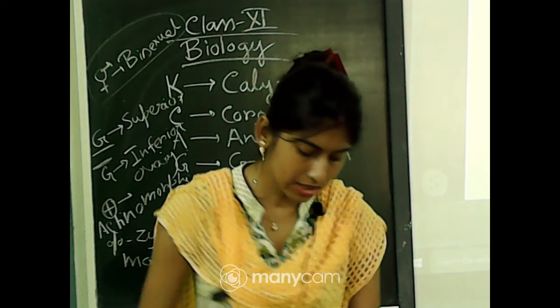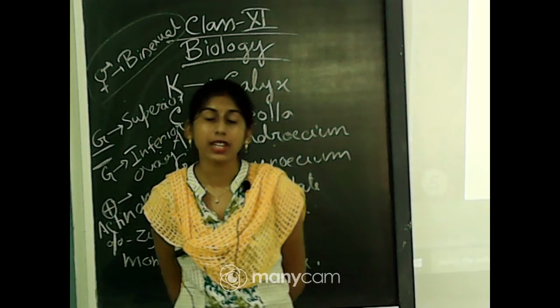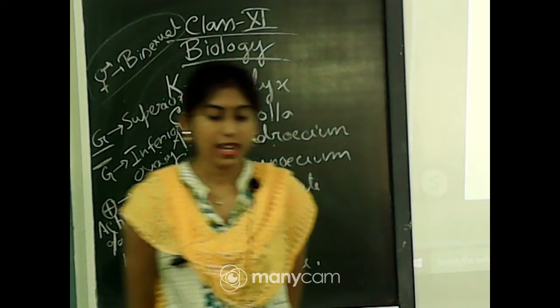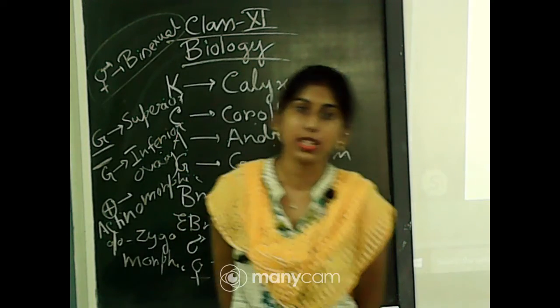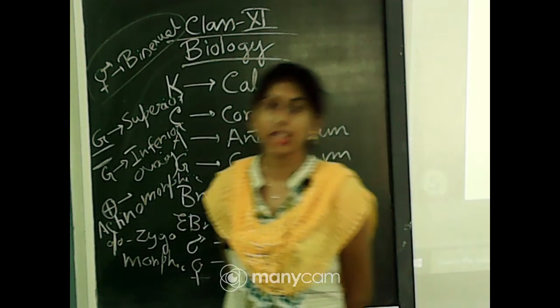These are the characteristics of the stem of the Solanaceae family. And potato is found underground and it is a modified stem.